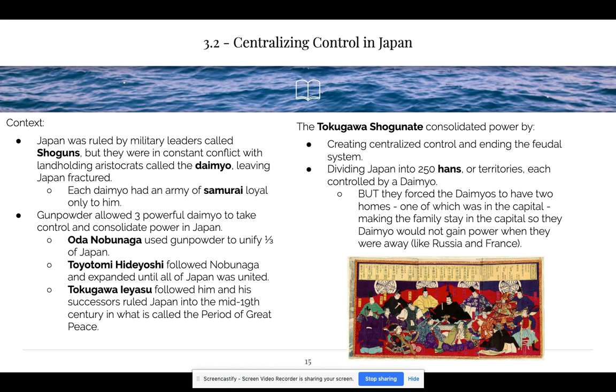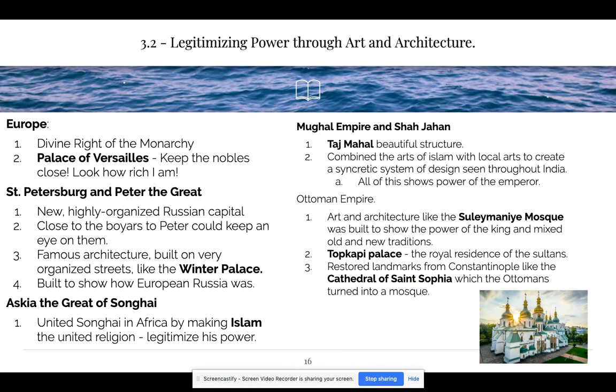This is a ransom system. So essentially, if the daimyo was away from the capital, their family had to stay in the capital, so they would not try to pull a fast one on the ruler, the shogun. So that is how Japan consolidated power, control, gunpowder, centralized government, same deal.